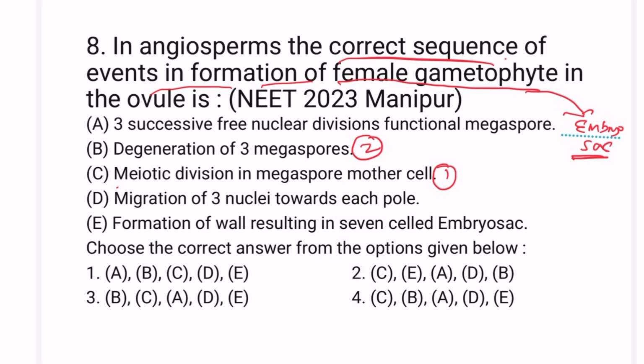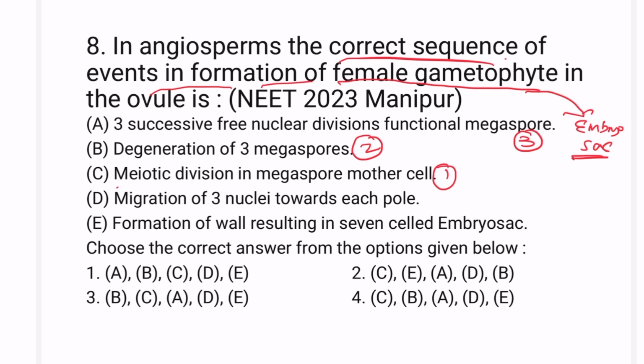After 3 megaspores degenerate, one becomes the functional megaspore, and that functional megaspore undergoes 3 successive free nuclear divisions. So this is the third step. Then after these 3 successive nuclear divisions, 8 nuclei will be formed. Before the cell wall develops, 3 nuclei from each pole migrate, so this is the fourth step. Out of those 8 nuclei, 6 develop the cell wall.